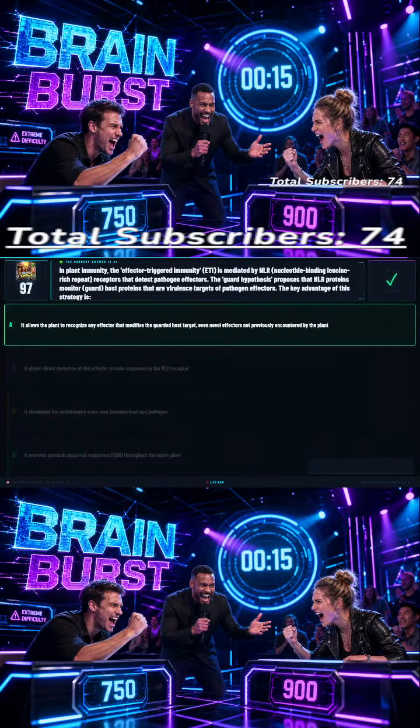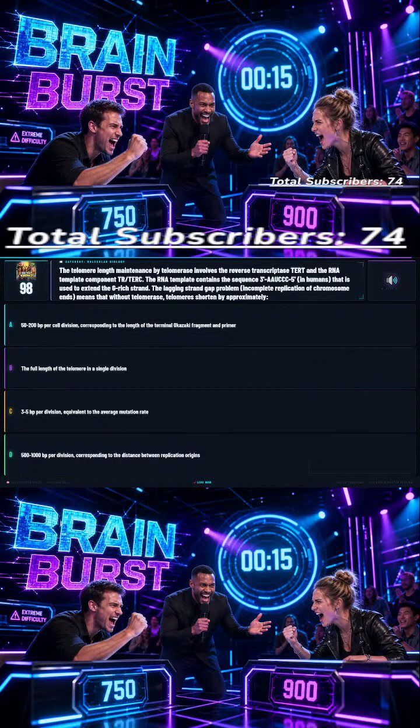Question 98. Telomere length maintenance by telomerase involves the reverse transcriptase TERT and the RNA template component TR/TERC. The RNA template contains the sequence 3'-CAAUCCCAAUC-5' in humans, that is used to extend the G-rich strand. The lagging strand gap problem, incomplete replication of chromosome ends, means that without telomerase, telomeres shorten by approximately Option A, 50 to 200 bp per cell division, corresponding to the length of the terminal Okazaki fragment and primer.